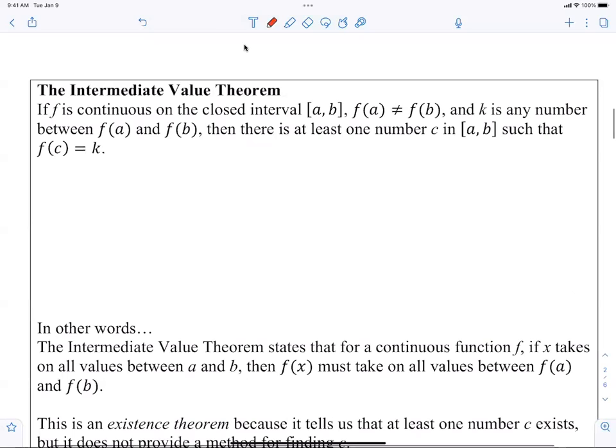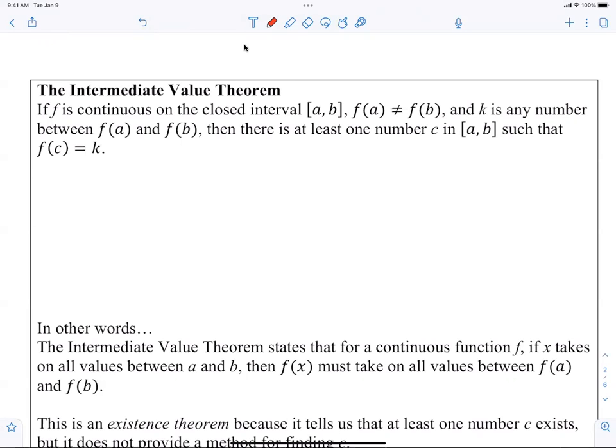This leads us into the intermediate value theorem. This theorem is one of those theorems that's kind of like, well, duh. Yeah, that makes sense. Like, it doesn't seem that profound, but it's an important theorem. We're not going to so much use intermediate value theorem in this class as much as I'm planting the seed here.